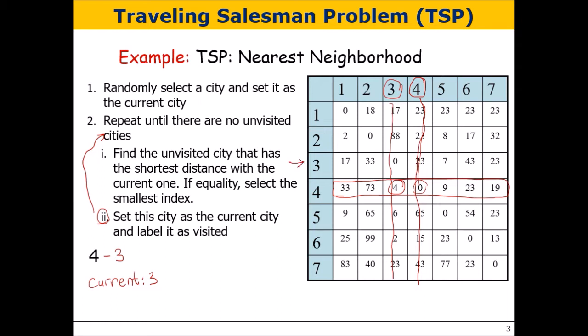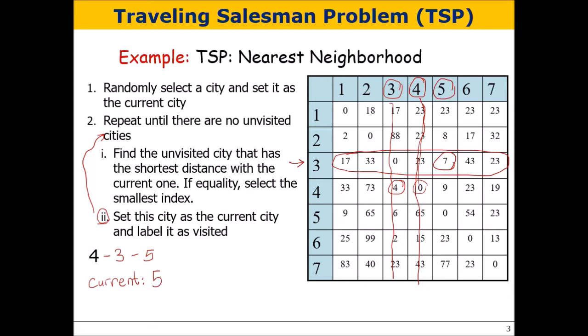It says to find the minimum unvisited city, so we look at this row. In this row, the minimum unvisited one is this one, which means that from 3 we will move to 5, and our current becomes 5 now.